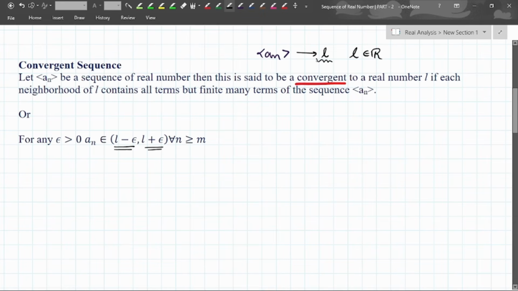If such an L exists for that sequence, then we can say that my sequence is convergent. So this is the definition.